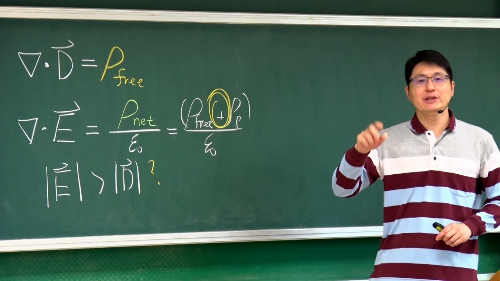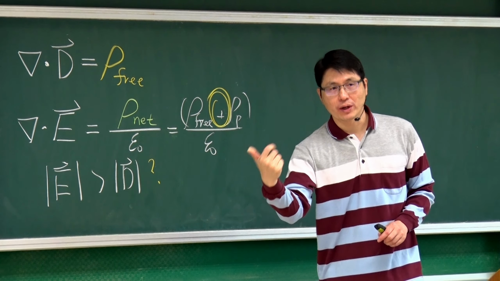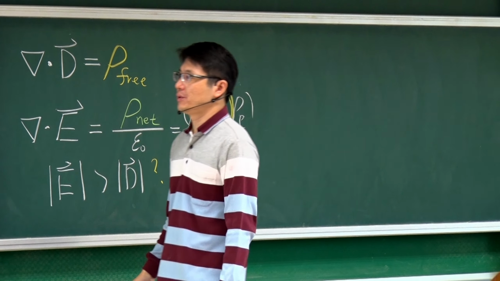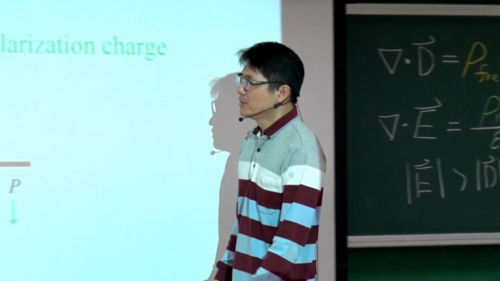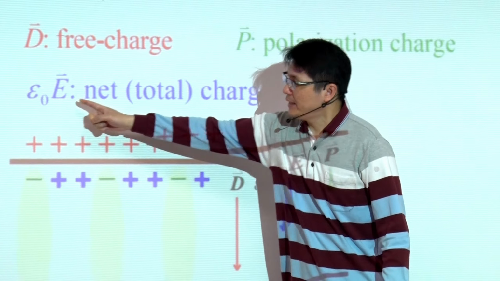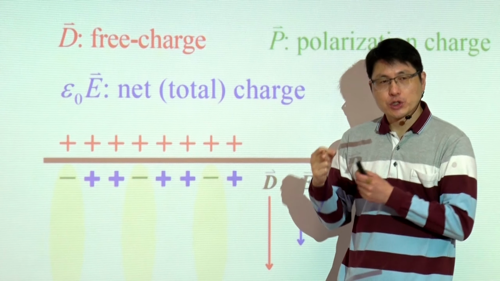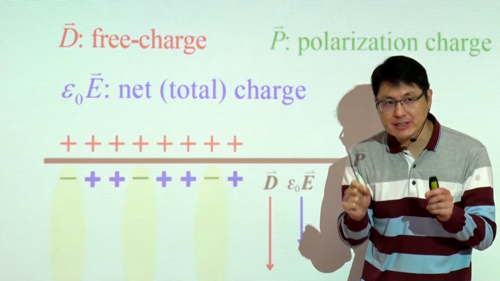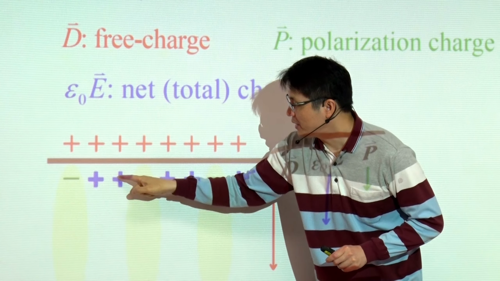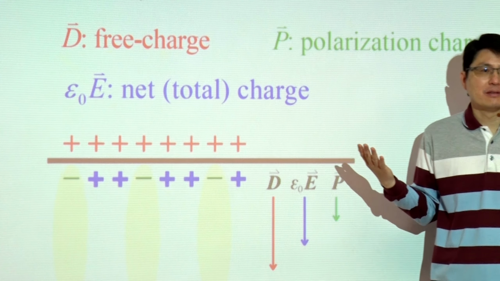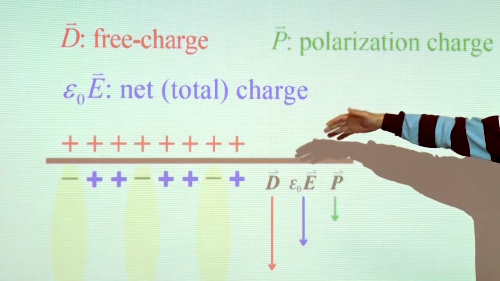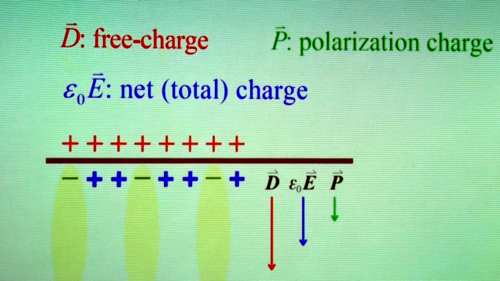You are actually adding a negative quantity. Alright? So in the end, E is related to the net charge density. So you only have 5 net charges on the top surface.